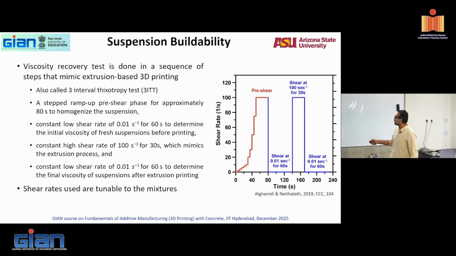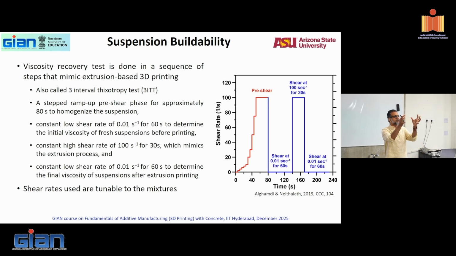And then you do a very low shear rate. You see that? 0.01 per second for about 60 seconds. This is the viscosity of the fresh suspension before printing. So this is the characteristic of the material ahead of time. And then you immediately ramp up very quickly to a high shear rate of 100 per second. What is that?